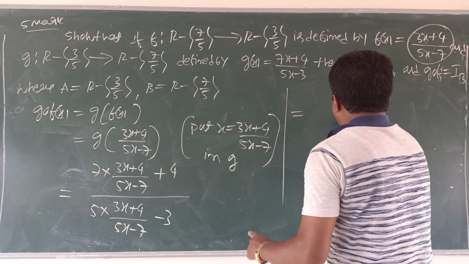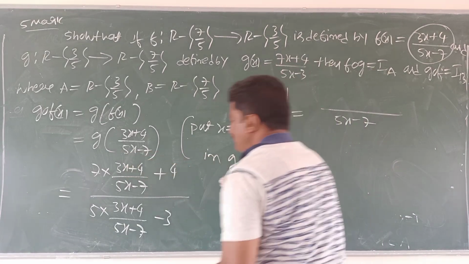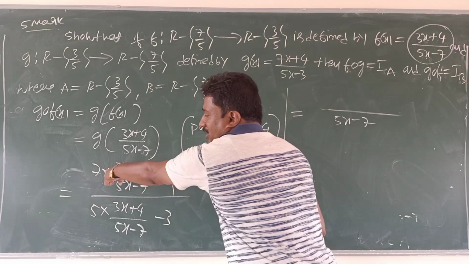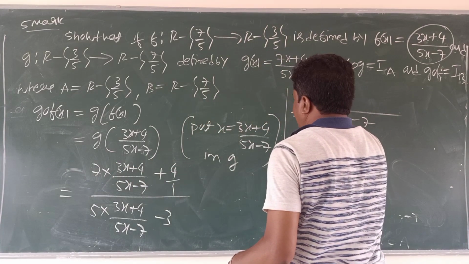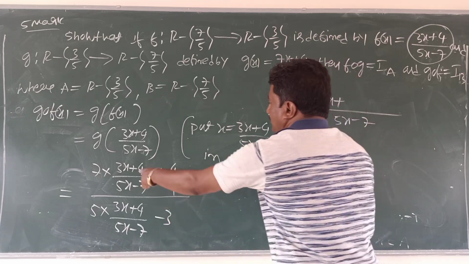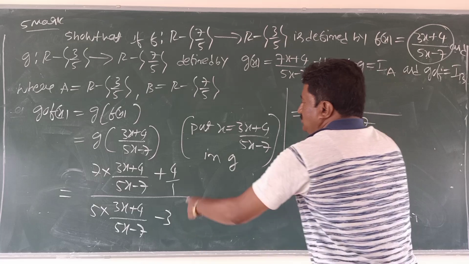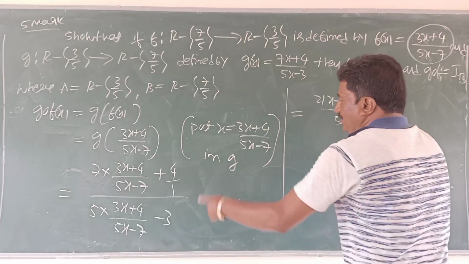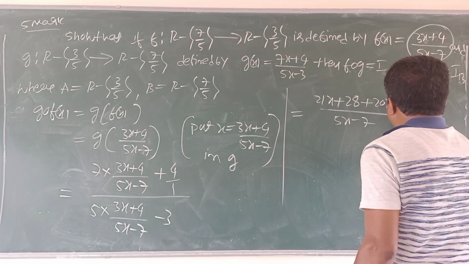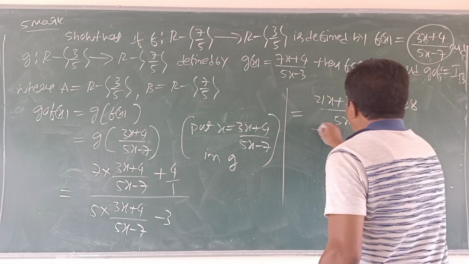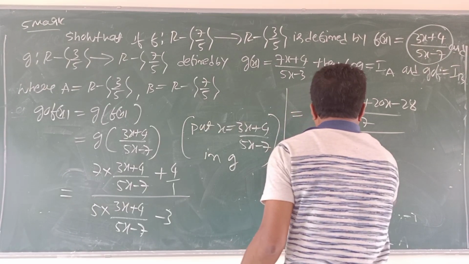What is the LCM? 5x - 7. Cross multiply directly. 1 into 7, 7 into this: 7 3s are 21x plus 7 4s are 28. This side, 4 5s are 20x minus 7 4s are 28, all divided by the LCM, 5x - 7.